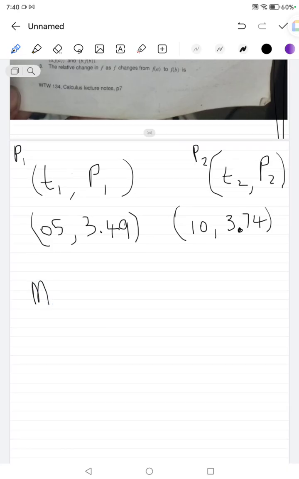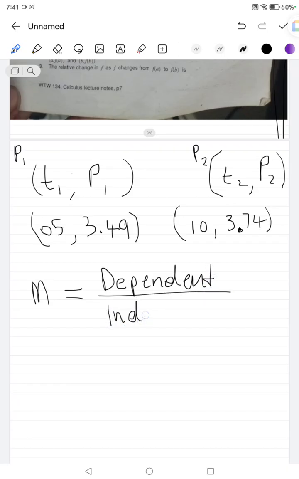And as I said, we have our m, and we're going to have the dependent over independent. So you can definitely know that the population is going to rely on time, hence time is going to be independent.